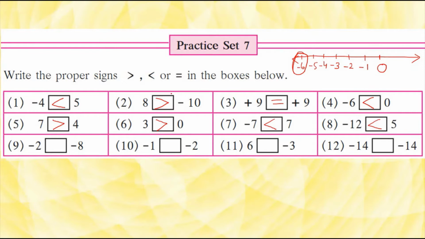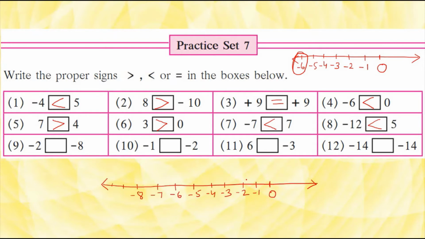Now here, once again, coming back to the number line, I'm drawing it here. Our 0 will be somewhere here. Then we have -1, -2, -3, -4, -5, -6, -7 and -8 and so on.